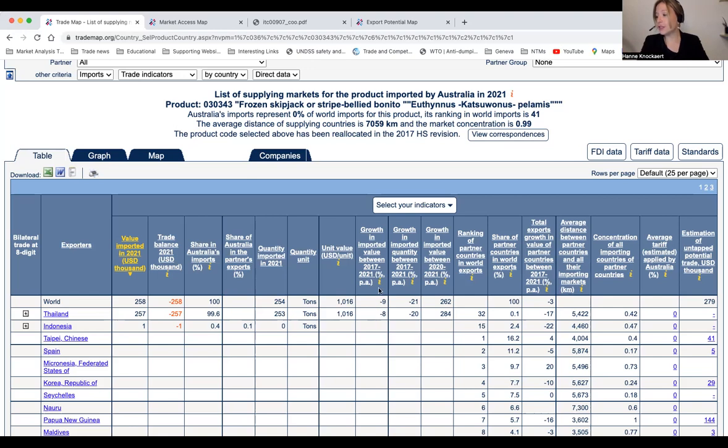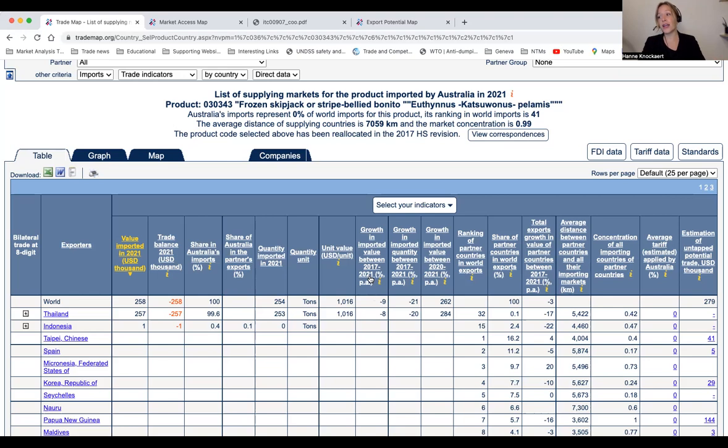But then we get to 3 very interesting columns, which show you a lot about the trends happening for the situation you're analyzing. So you can see here that the first one is growth in imported value between 2017 and 2021. So this is the yearly growth over 5 years' time.